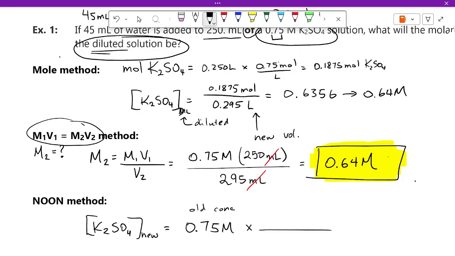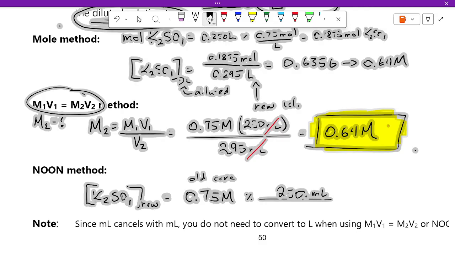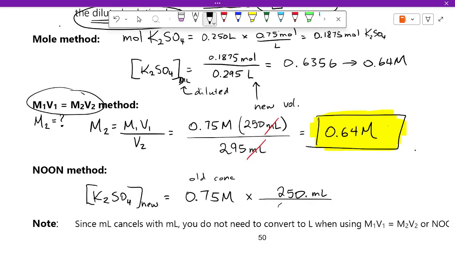And then I'm going to multiply it by my old volume, which was 250 milliliters. Oh, look, once again, I did not change the milliliters to liters. And I'm going to divide by my new volume. And my new volume is 295 milliliters.